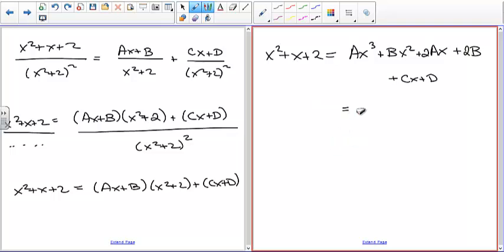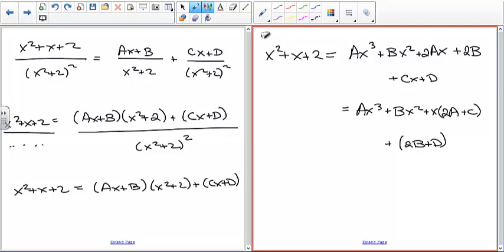So we're going to have the x cubed terms. Well, there's only one of those, ax cubed. We only have one x squared term, so that's easy. Then we have the x term, so we have 2a plus c, and then the constant bit is 2b plus d.